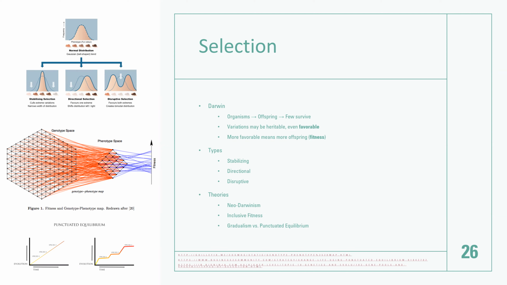There is a natural bias towards certain phenotypes or certain alleles to do better in the population. And if these mutations or variations help the organism survive, they're called favorable. And if these variations are heritable, it means that you usually end up having more offspring, and that means that you are more fit.